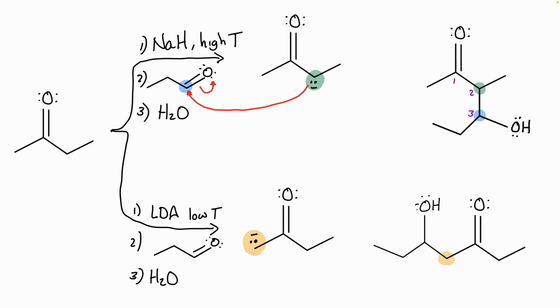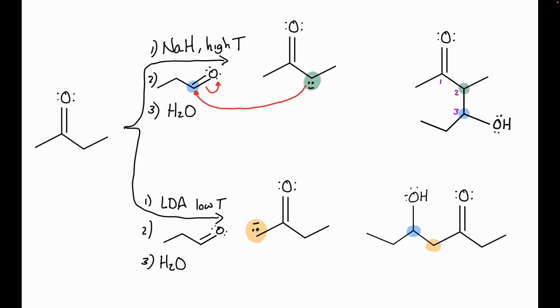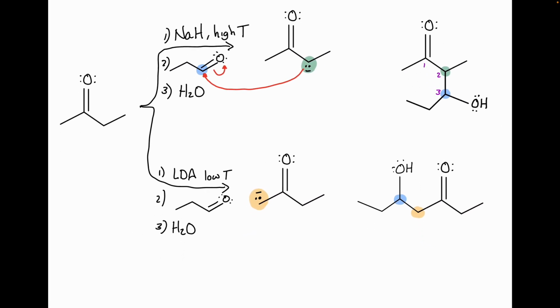That alpha carbon is going to attack the carbonyl carbon of our aldehyde or ketone and create that new carbon-carbon bond. My carbonyl oxygen will become a hydroxyl group.